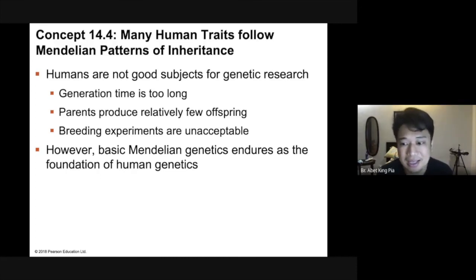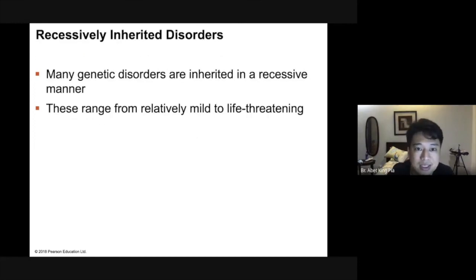But then, mas extended na yung alam natin about Mendelian genetics. Non-Mendelian genetics is part of that. So, recessively inherited disorders, there are a lot of disorders that are recessive, and yung range niya is relatively from mild to life-threatening.